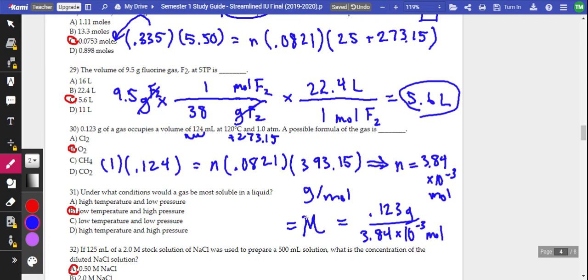The textbook uses a big capital double M, but that kind of bugs me because it looks like two variables next to each other. So 0.123 divided by, put it in parentheses, 3.84 times 10 to the negative third gives me 32.03 grams per mole.